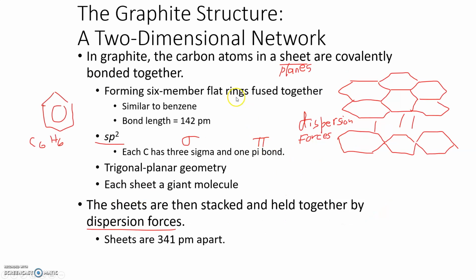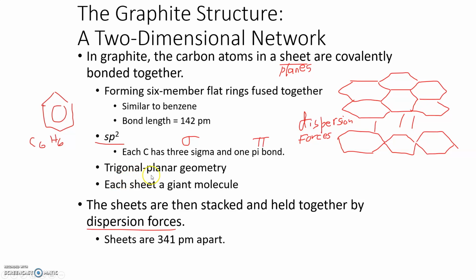In the case of graphite, it makes planes of hexagons similar to benzene, made of sp2 orbitals. Every atom contains 3 sigma bonds and 1 pi bond. You're going to study this in organic chemistry.